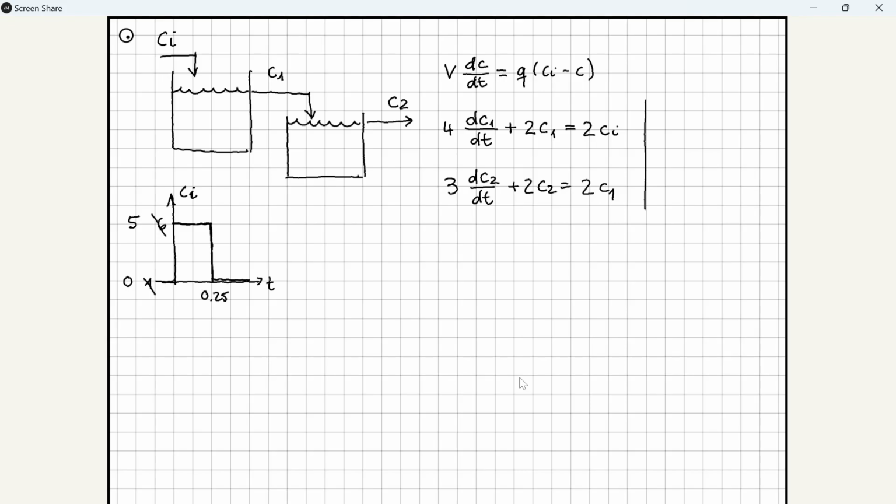Then I also want to point out, this one is a pulse. So Ci of t is Ci P of t. Well, we can also approximate the pulse with a delta pulse because it's quite short and quite high. So we call it Ci delta of t, and it's a delta pulse.